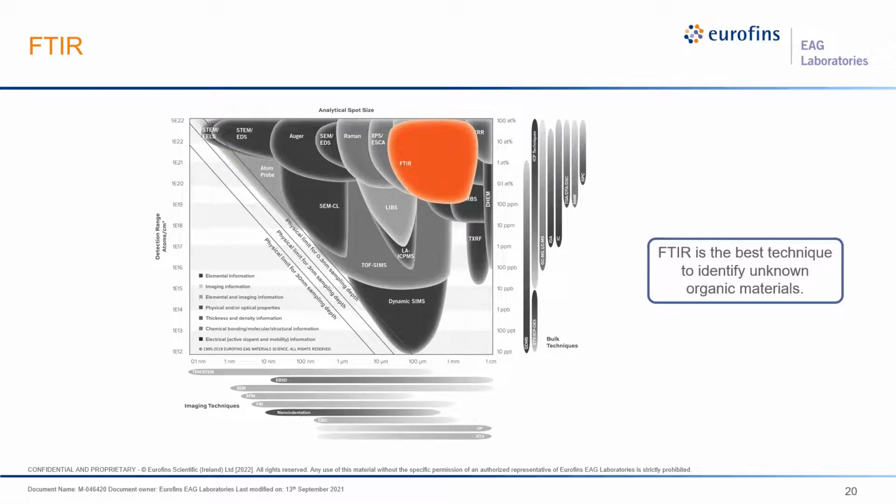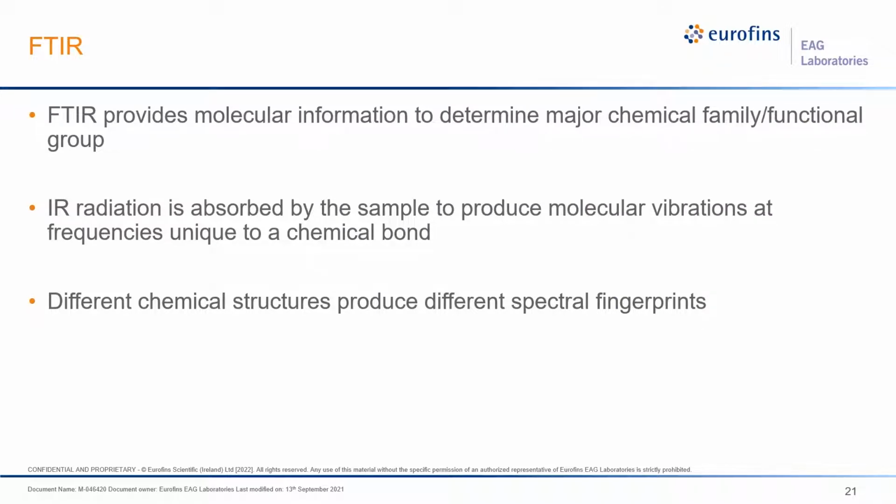The organic is the key part here. Like we discussed earlier, FTIR provides molecular information. We can get a functional group and chemical family. How that works is IR radiation is absorbed by the sample to produce a molecular vibration, stretching, or bending at a frequency that's unique to a certain organic chemical bond.